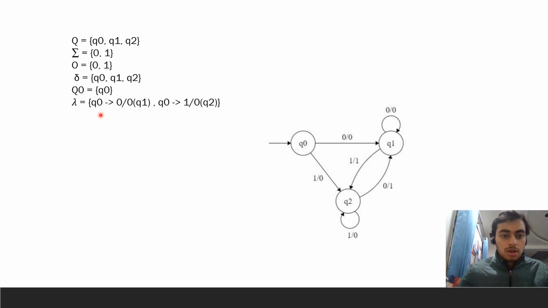When Q naught is given an input of 0, we get an output of 0 and we go to the state Q1. And when we give input of 1 on Q naught, we get an output of 0 and the state we get is Q2.